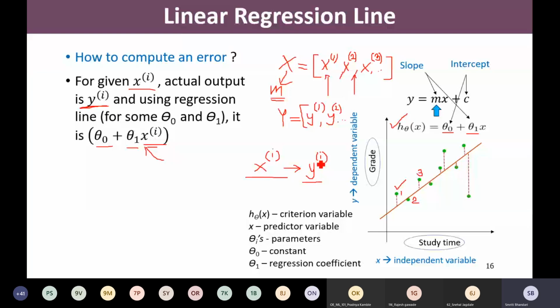If I substitute this x with my actual data xi for ith sample, then after computing this expression I'll be getting theta 0 plus theta 1 xi. So this is nothing but my predicted output, my predicted yi. And I know the actual yi.